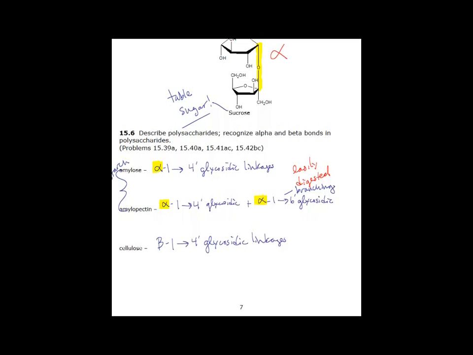Cellulose is what's found in cotton, paper, vegetables. This is the portion of vegetables or anything that you can't digest. So this is what's kindly referred to as roughage or fiber because you can't digest it. It goes through your system undigested. So beta glycosidic linkages are not easily digested.